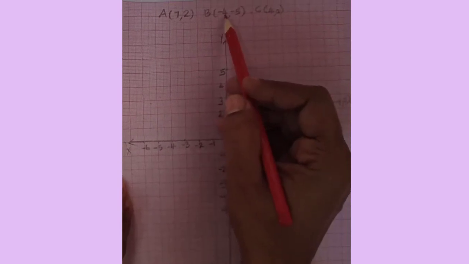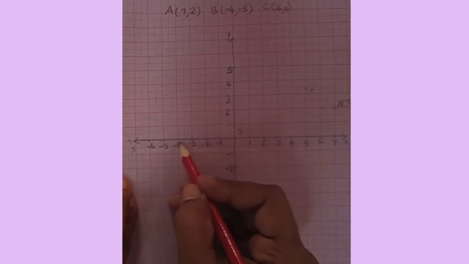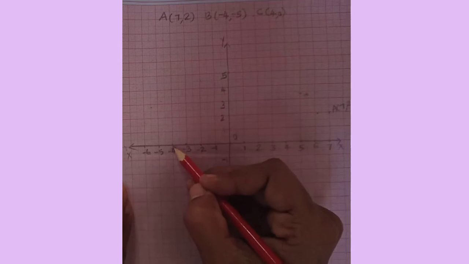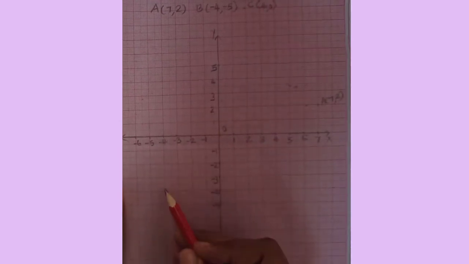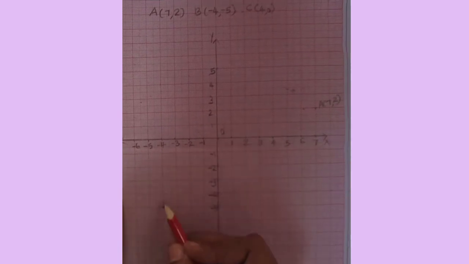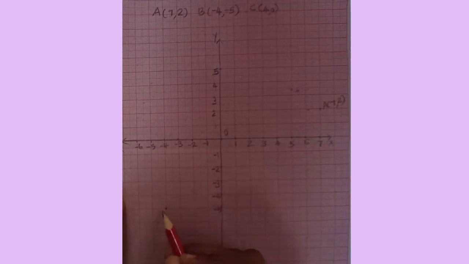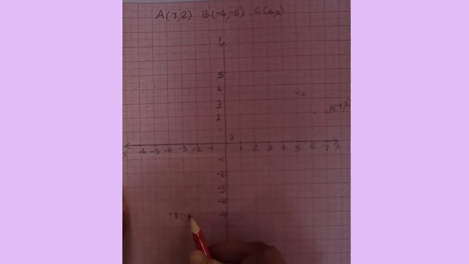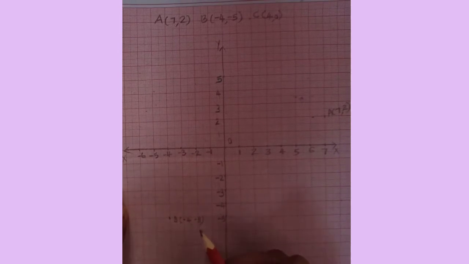The x value is -4 and the y value is -5. This is the meeting point, so this is B (-4, -5).